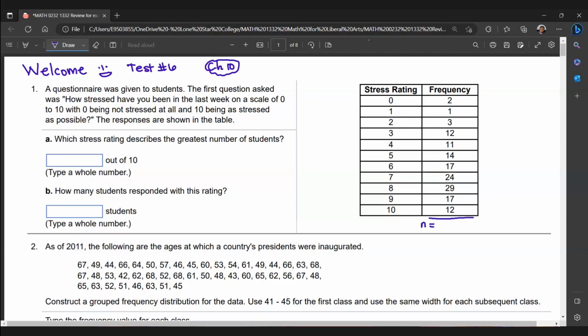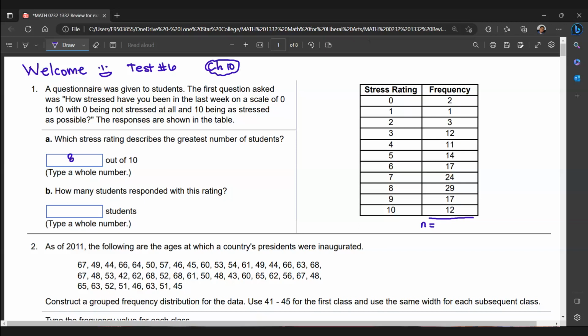Which stress rating describes the greatest number of students out of 10? In this particular case, that seems to be rating number 8. Why is that? 29 students rated themselves with a stress level of 8.